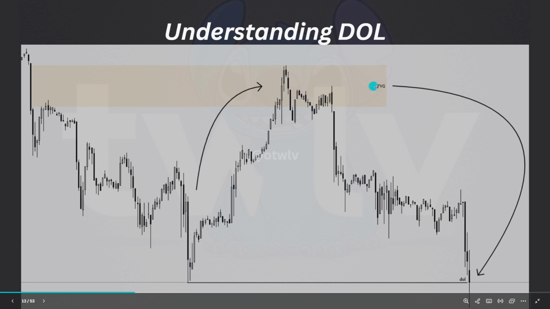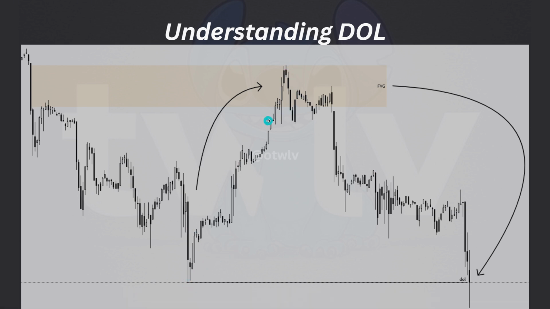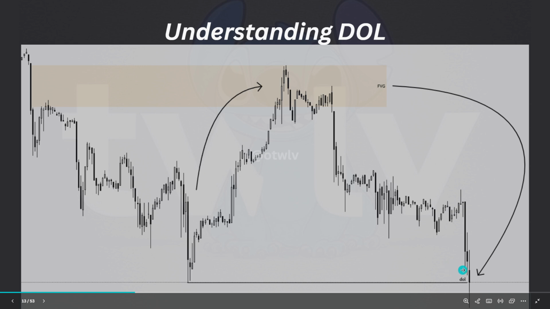We just took internal. Now we're taking external. So then from up here, we get a CISD right here. The last down close candle before making the higher high gets closed below with displacement, and then the market structure shift here to continue lower.